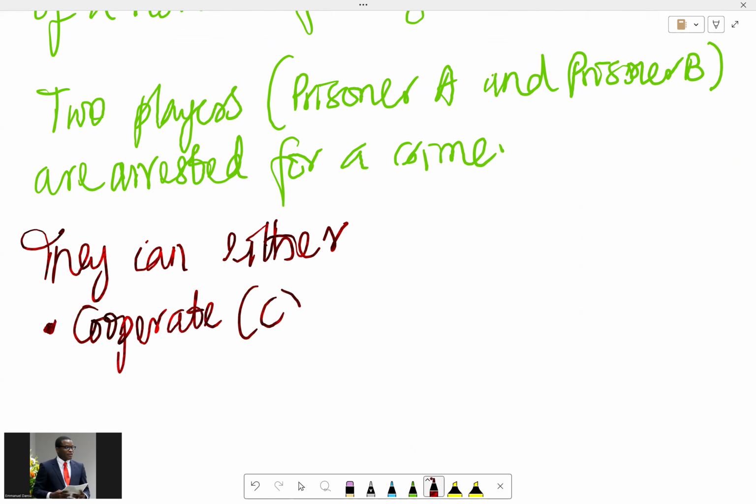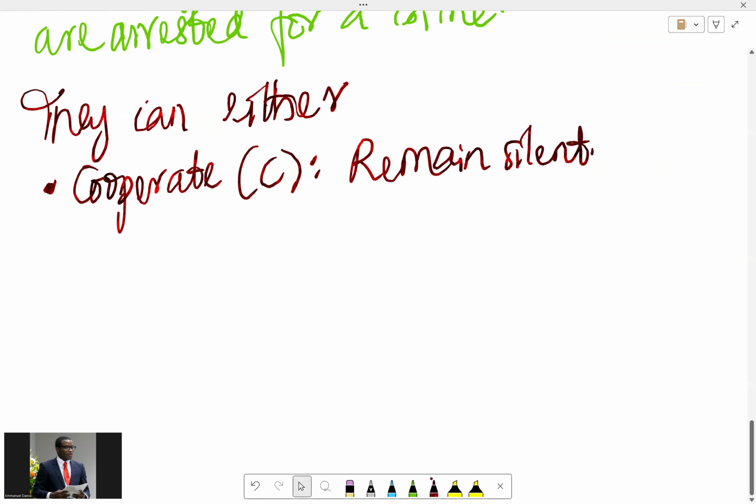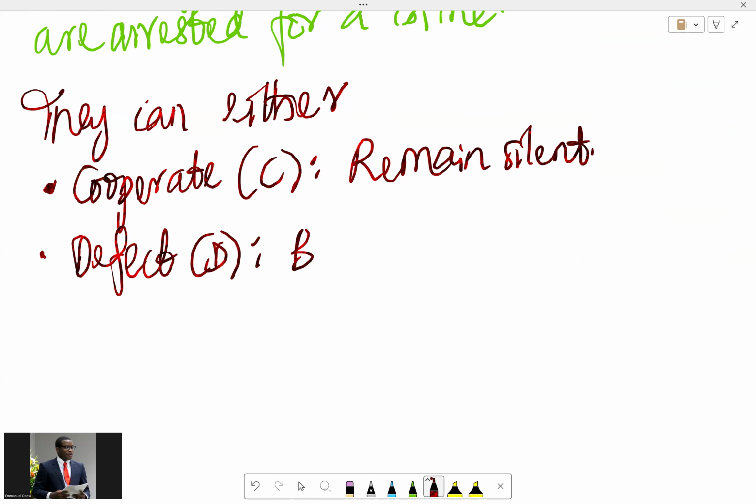Choosing to cooperate, that is C, means they both remain silent. The other option they have is that they can defect. They can defect, that is D. In that case, they betray the other. So those are the two options available to these two prisoners.